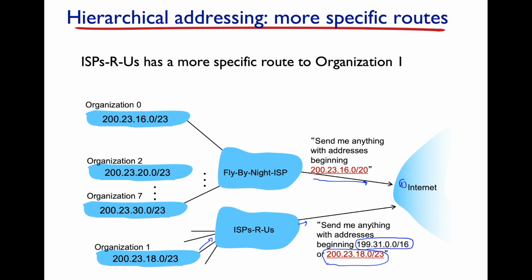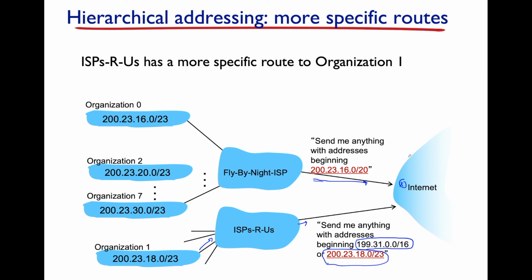Now, of course, this block of addresses logically fits inside of the 200.23.16.0 mask 20 block of addresses, because that's where they started from. But recall when we talked about this forwarding table, it does what's called longest prefix matching. And so here, because the subnet mask is bigger, it has a longer prefix.